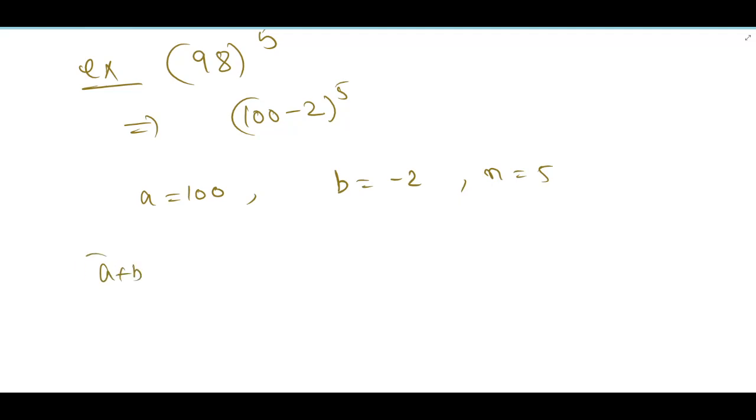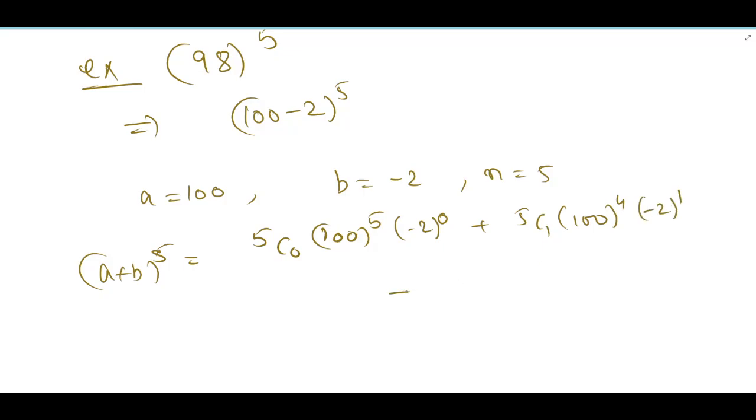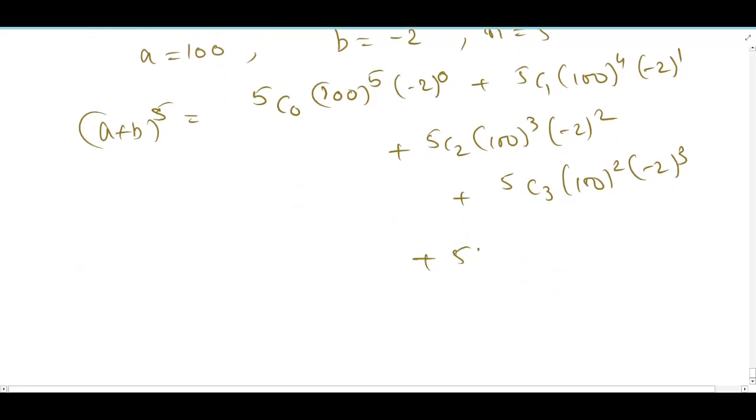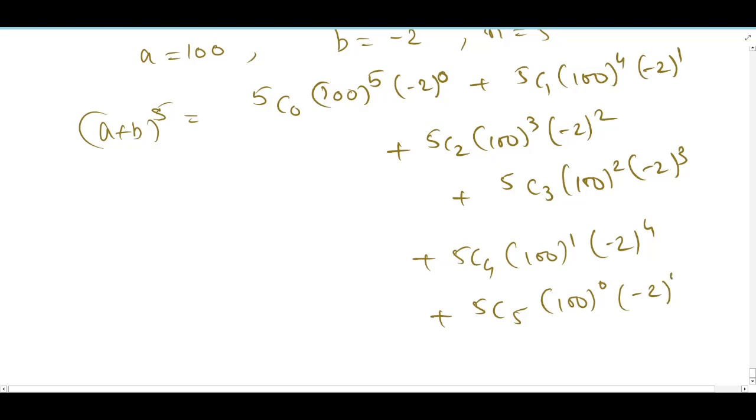So applying binomial expansion, we get 5C0 100 to the power 5 and minus 2 to the power 0, plus 5C1 100 to the power 4 and minus 2 to the power 1, plus 5C2 100 to the power 3 and minus 2 to the power 2, plus 5C3 100 to the power 2 and minus 2 to the power 3, plus 5C4 100 to the power 1 and minus 2 to the power 4, and last 5C5 100 to the power 0 and minus 2 to the power 5.